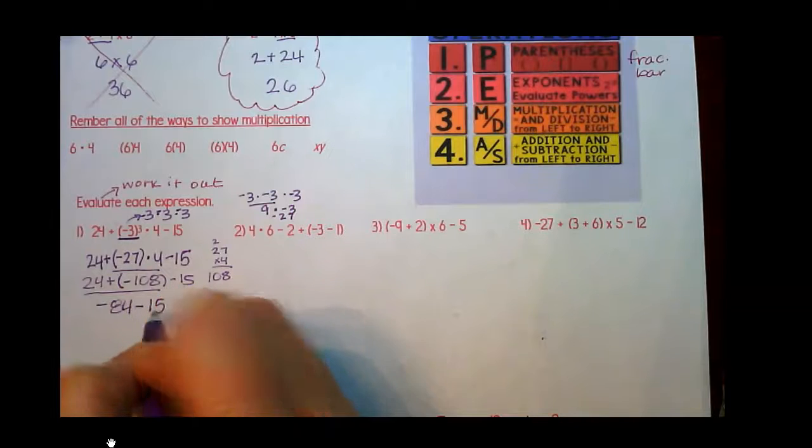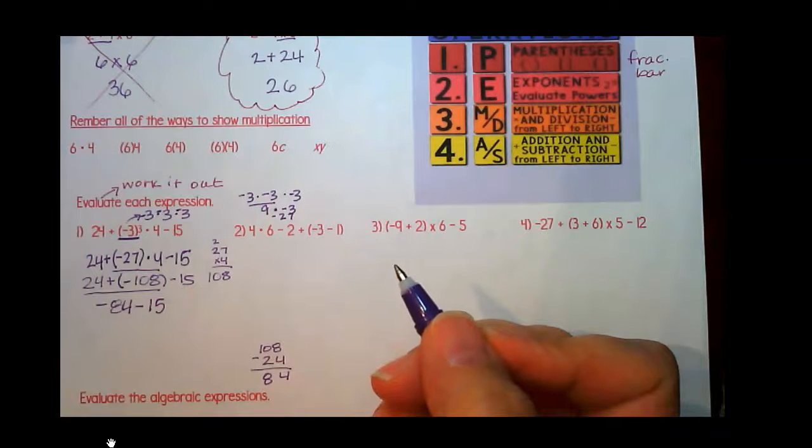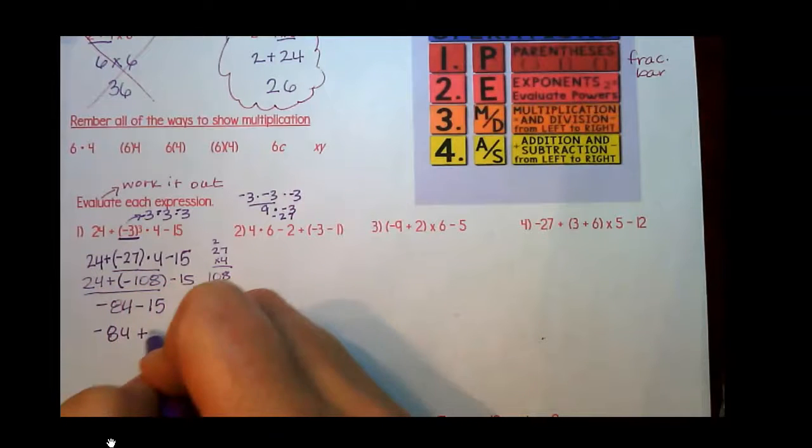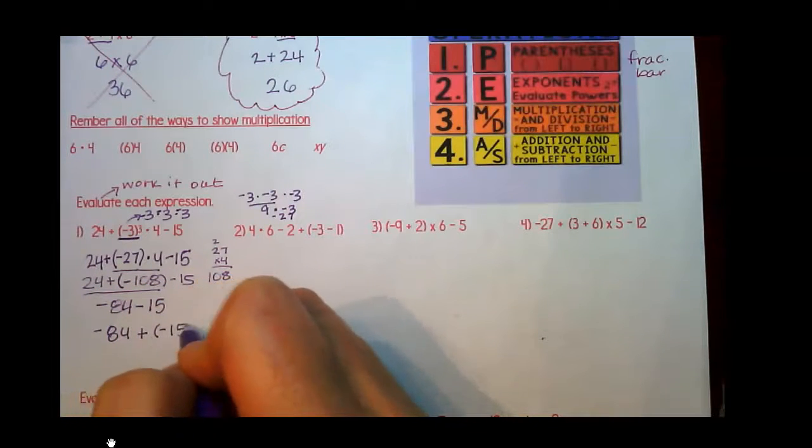Minus 15. So some of you are going to need to rewrite this as a negative 84 using the additive inverse.